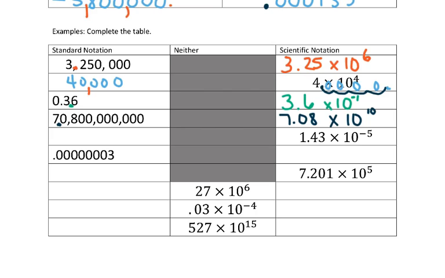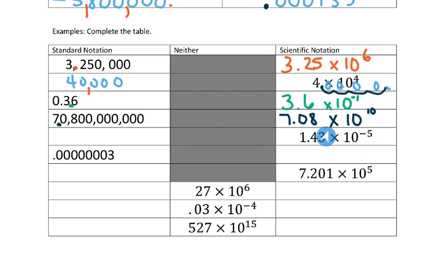The next one, I have a negative exponent, so that means that this number here is going to be small because this is a very small number. So I have to make this number smaller. I move the decimal point 5 times because of that 5.